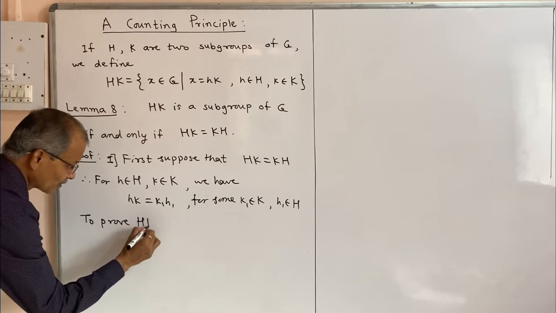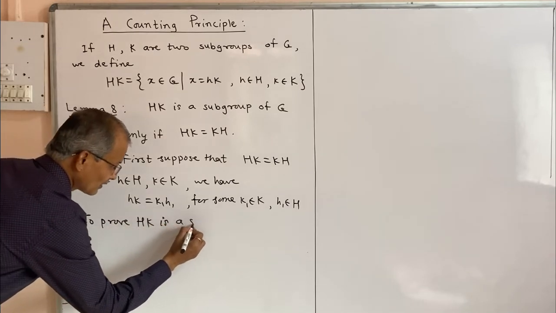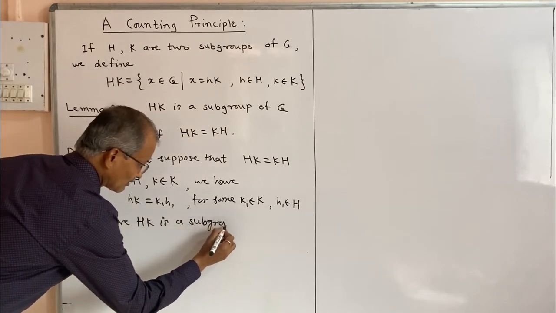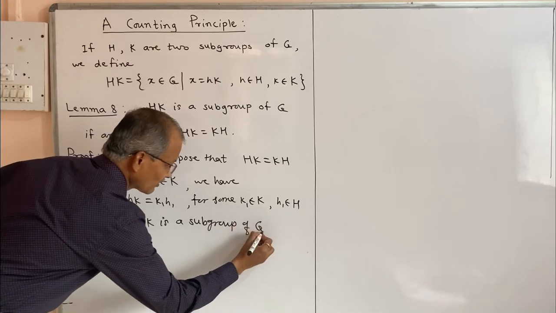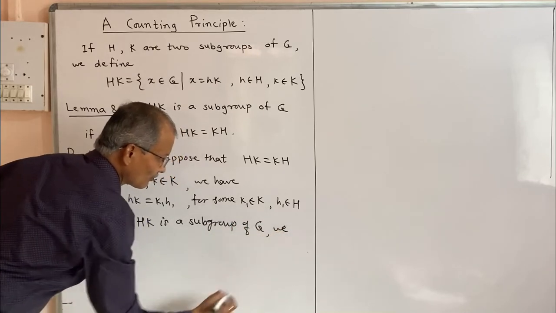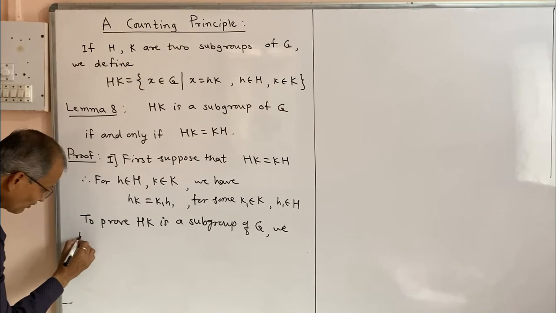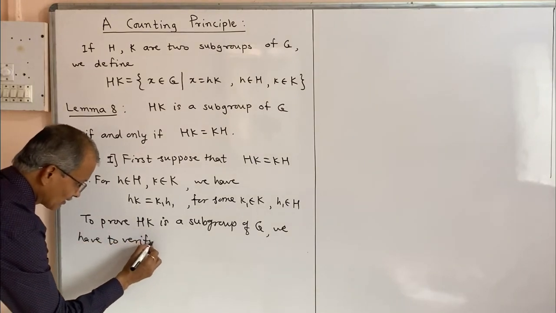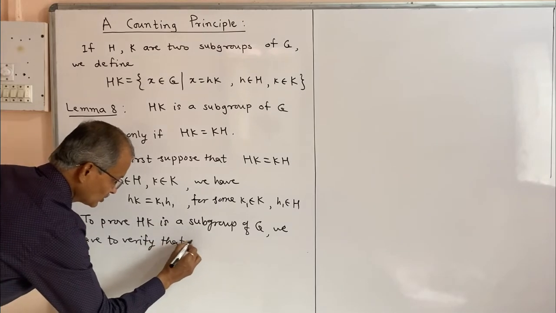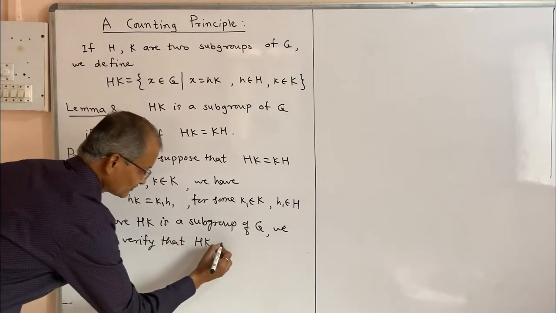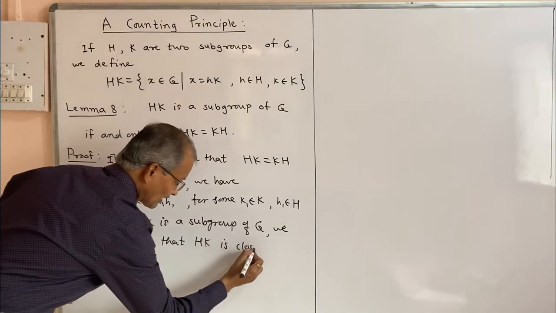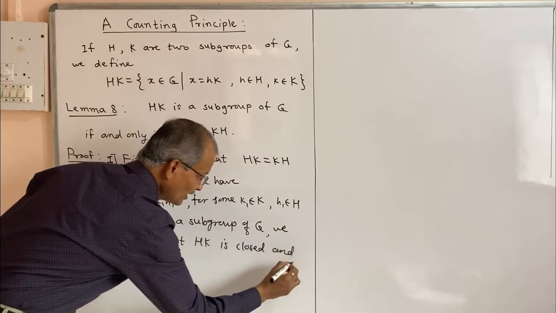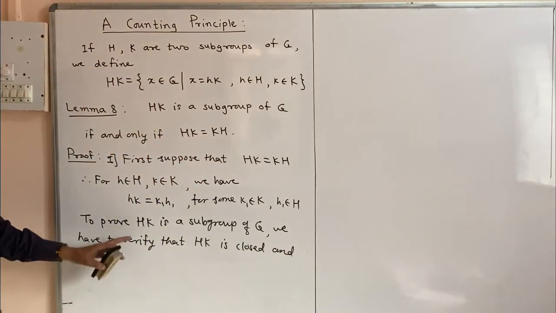Now to prove HK is a subgroup of G, we have to verify that HK is closed and every element has an inverse in HK.